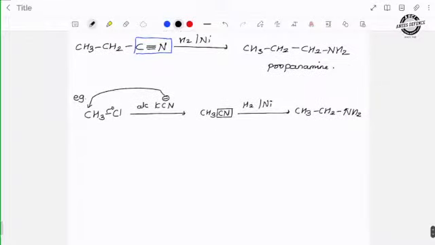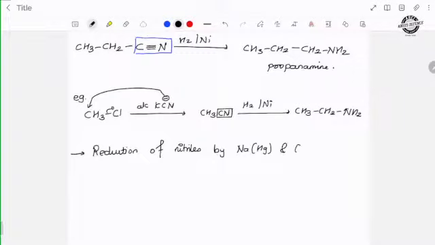So I can write this statement: the reduction of nitriles by sodium amalgam Hg and ethanol is known as Mendius reduction.